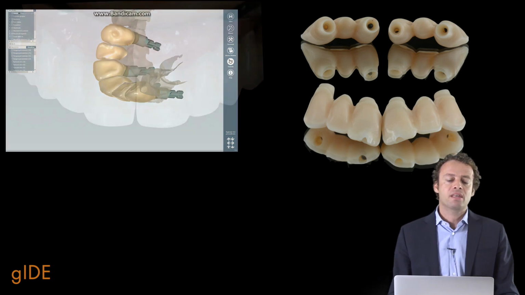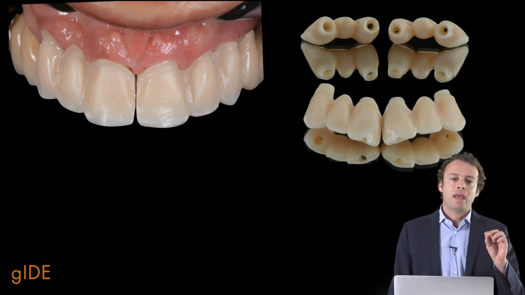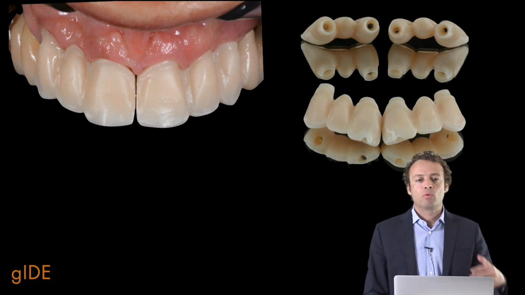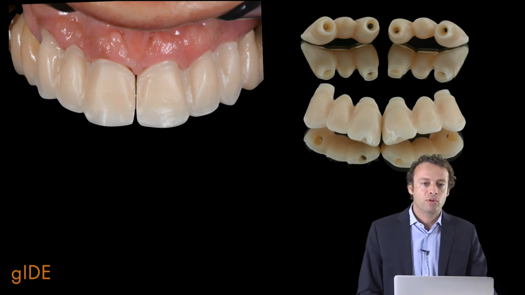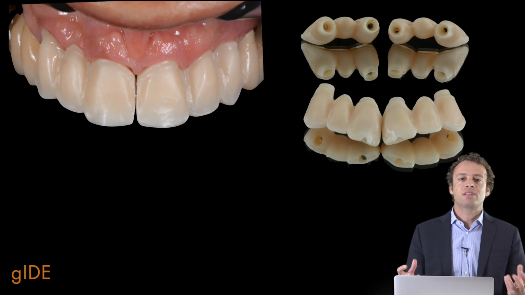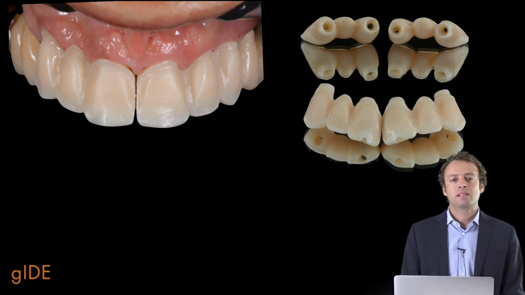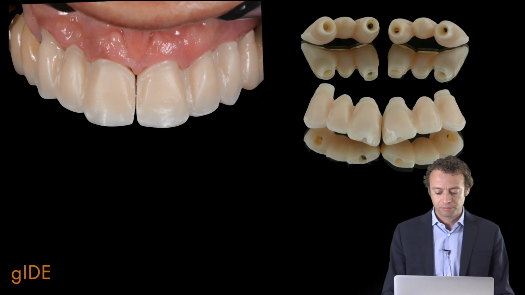And here we can see in this picture the intraoral evaluation when we go with the try-in of the framework in order to evaluate the seating, the passive fit, and at the same time all the aesthetic and functional parameters.